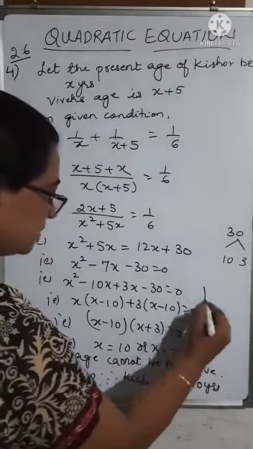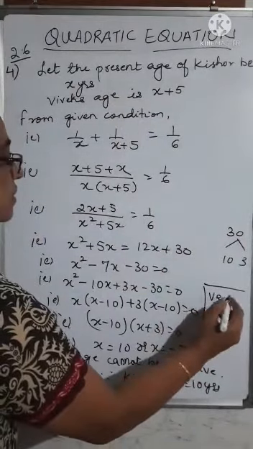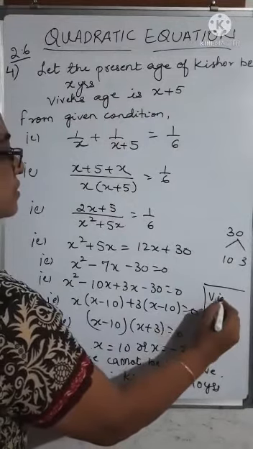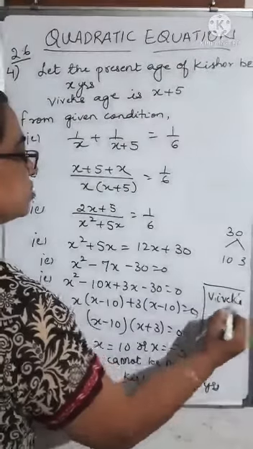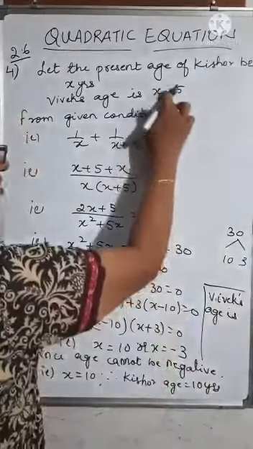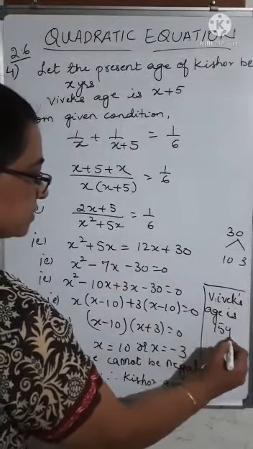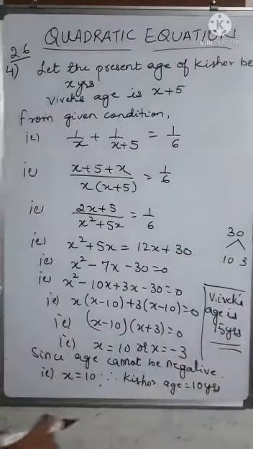Then the other person is Vivek. Vivek's age is x plus 5. x is 10, so 10 plus 5, 15 years. So like this you have to work out the problem.